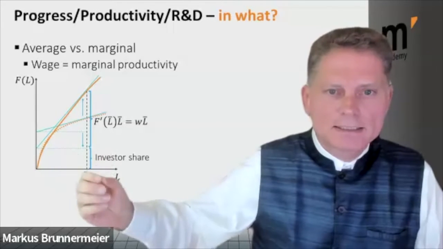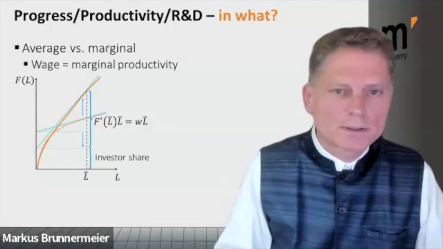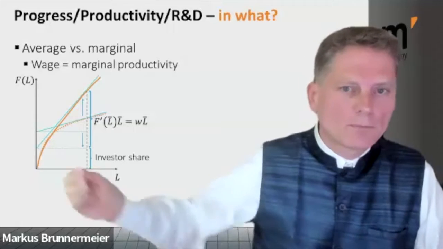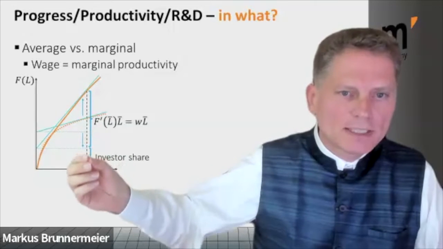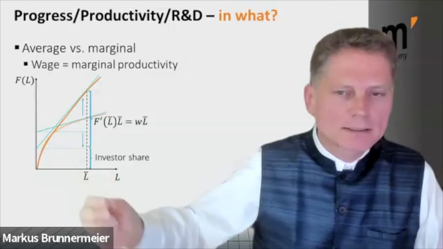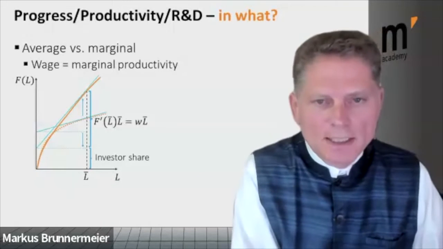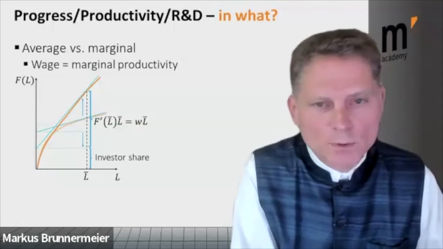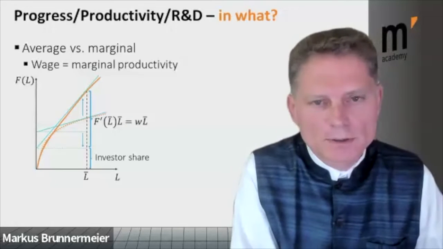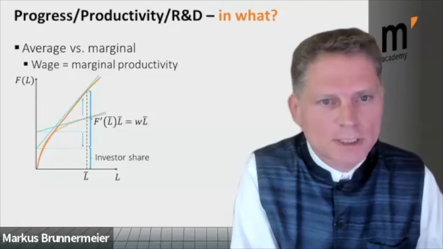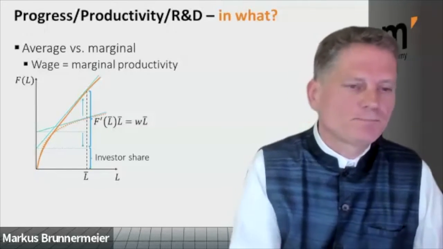So in this case, not only do workers get more because output is more, but they get much, much more. And the investors actually get less in total. What does this mean? If the investors decide whether to go for these productivity enhancements, they will actually not go for it, because they will hate that the investor share is going down in this case.